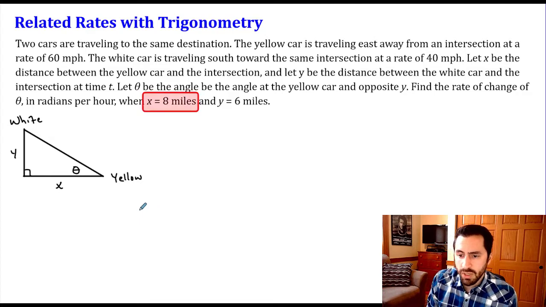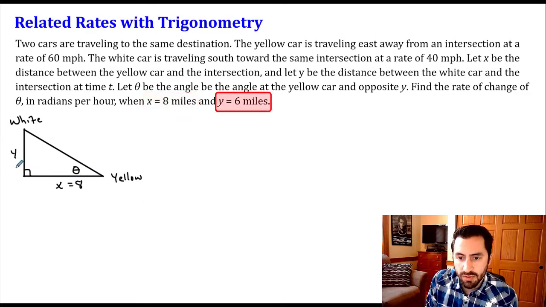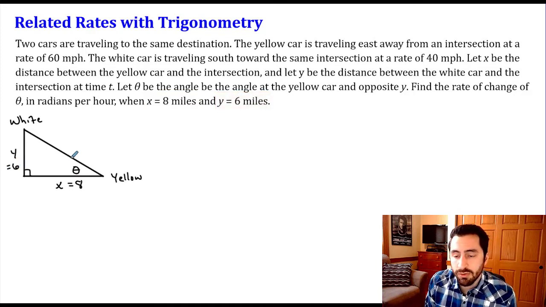Okay, we know that x is 8 miles, and we know that y is 6 miles. And while we're at it, we could also figure out our hypotenuse. Using the Pythagorean theorem, or 6, 8, 10, that is a Pythagorean triple. So our hypotenuse here is also going to be 10 miles.